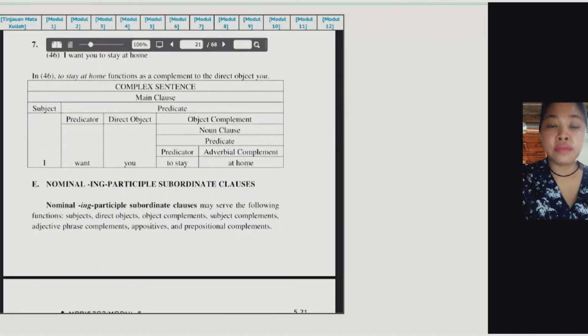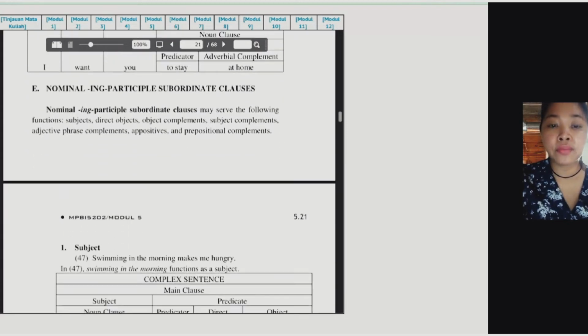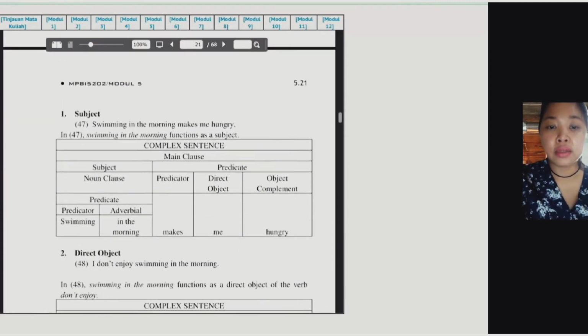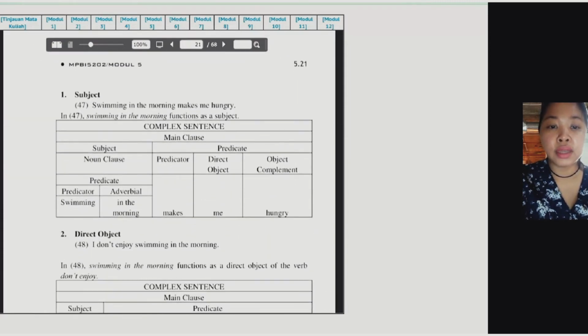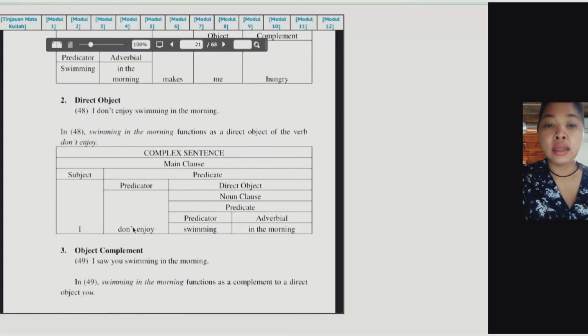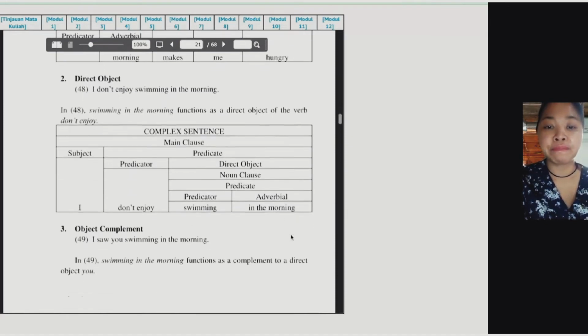Now we go to the fifth, which is nominal ing-participle subordinate clauses. The first one is subject. As we see here, swimming in the morning is the subject, and it makes me hungry. And the direct object: I don't enjoy swimming in the morning.